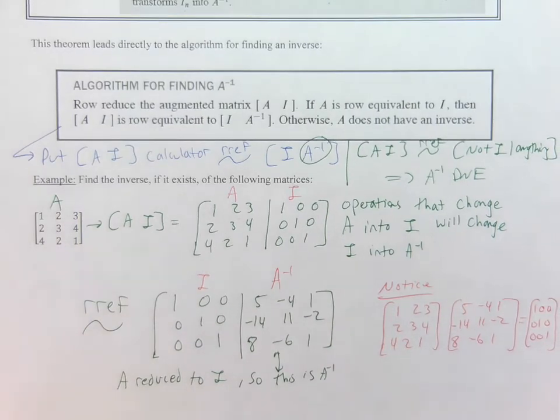And so you can verify that you did find the identity matrix, right? You should be able to do A times the inverse and get I. And that's how you do it.